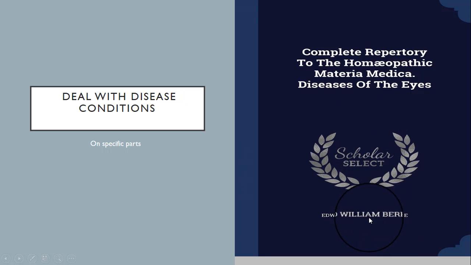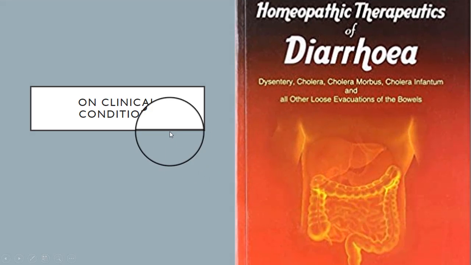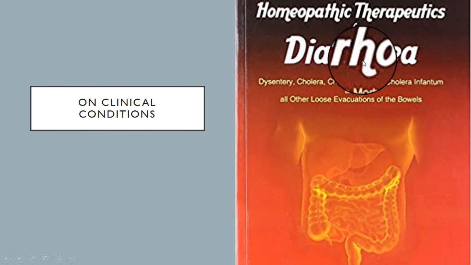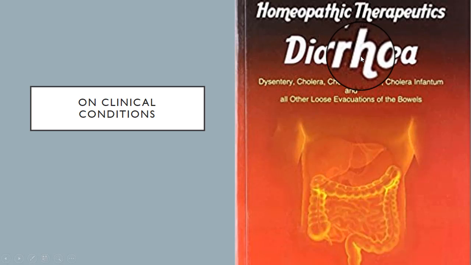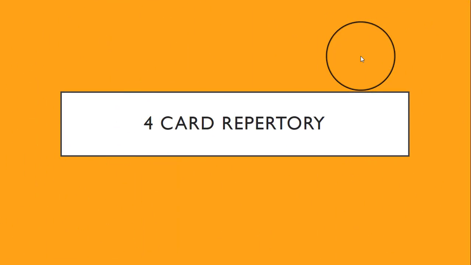And second one is on clinical conditions, that is Bell's diarrhea, and another repertory is Allen's repertory of intermittent fever. So this was all about the third type of repertory, that is clinical repertories. So the repertories we have right now discussed with you are the example of clinical repertories.